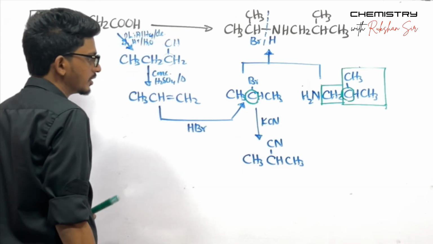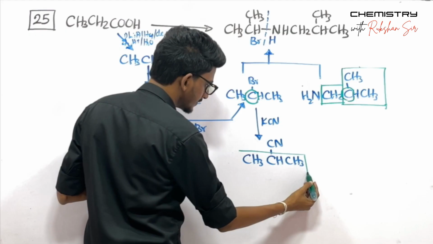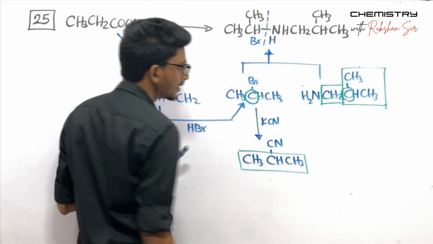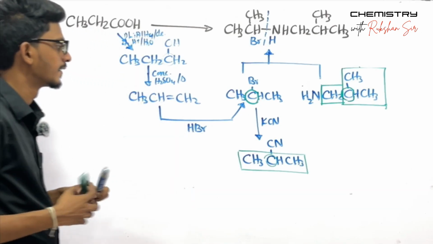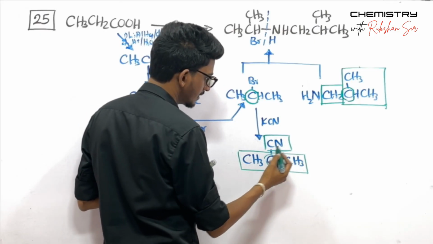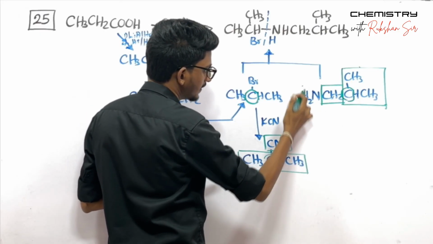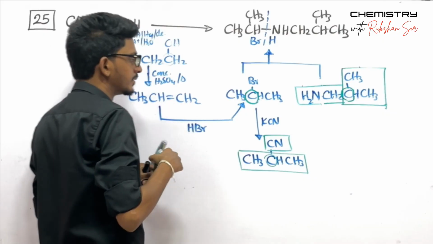Now this is your 3-carbon thing with the functionality at the center carbon. So now our task is to convert this CN into this CH2NH2. How come?